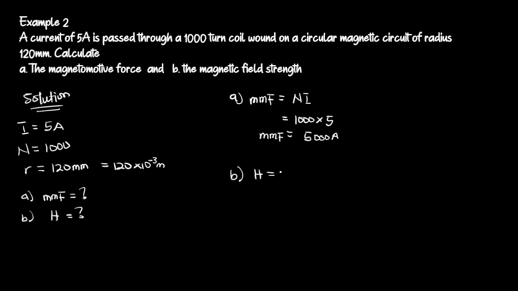All right, B, we have to find the magnetic field strength. The magnetic field strength, as we know, is Ni over L, the mean length. Already we've calculated Ni, which is the magnetomotive force, so H is equal to MMF over L. Now the problem here is that we were given the radius, and to find the mean length, we know that the mean length is equal to 2 pi r.